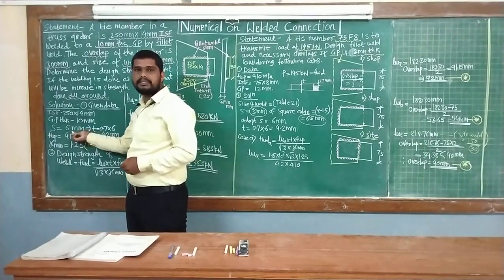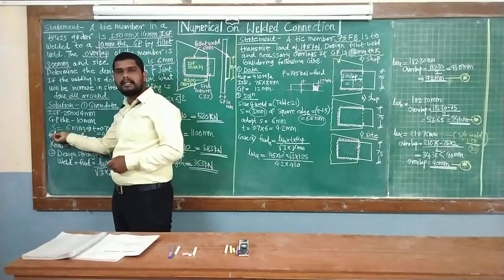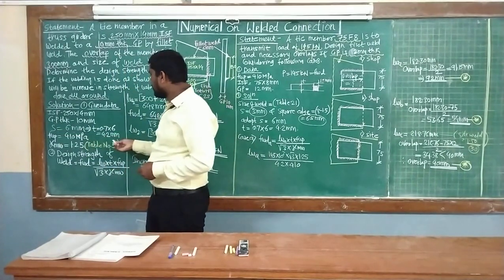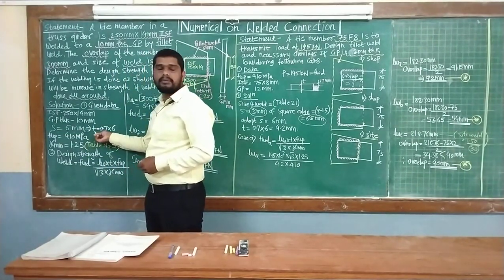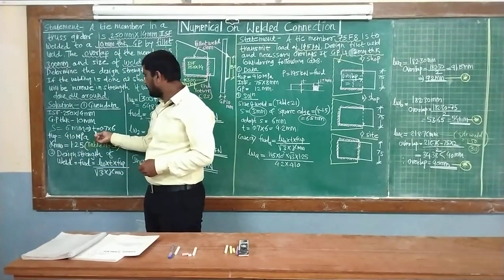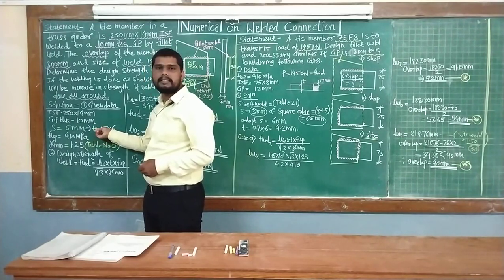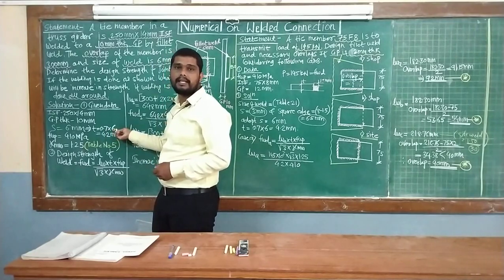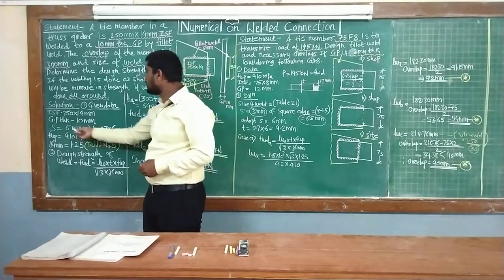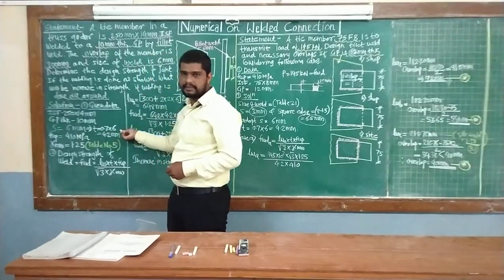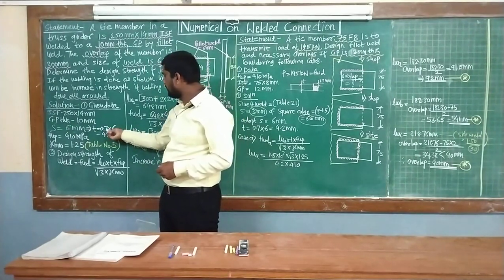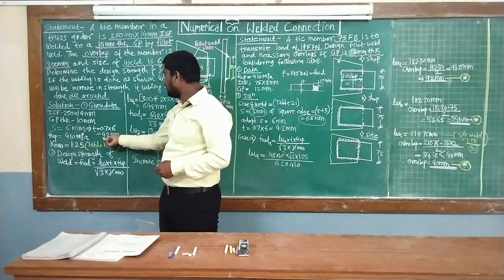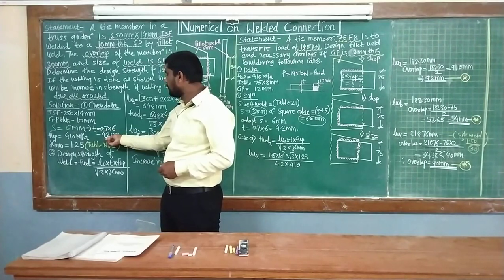Size of the weld is denoted by the capital S. So how are we going to decide the throat thickness of this weld? Throat thickness is denoted by small t, which is equal to 0.7 times S, where S is the size of weld, 6 mm, as given. If we do the calculation, 0.7 into 6, we get the throat thickness 4.2 mm.